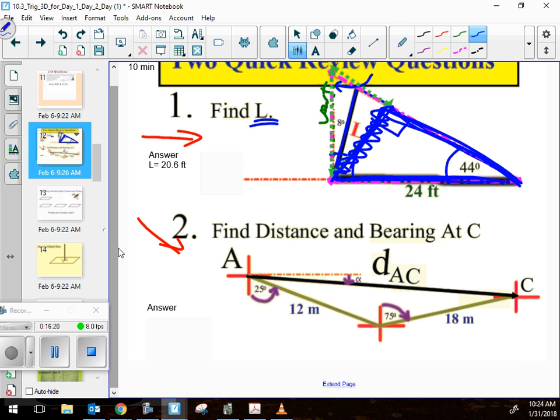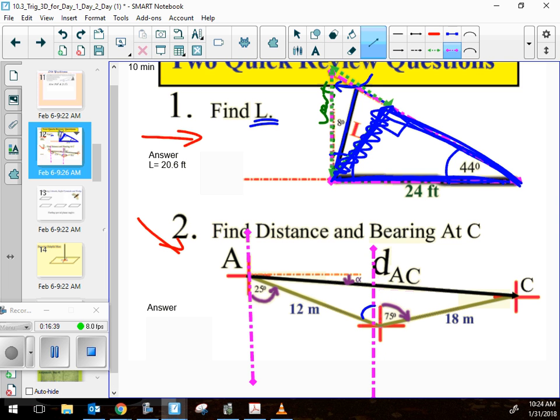Then, Mr. Server, we don't know this angle. Oh, yes, you do. 25. Why is it 25? Because it's a what? Do you remember the name? Alternate interior. Yes. I'm going to show you why it's an alternate interior. Watch. Extend out your north-south line, extend out your north-south line, and you got two parallel lines.